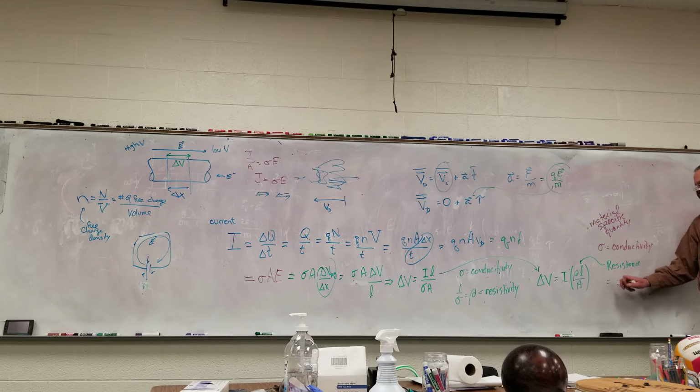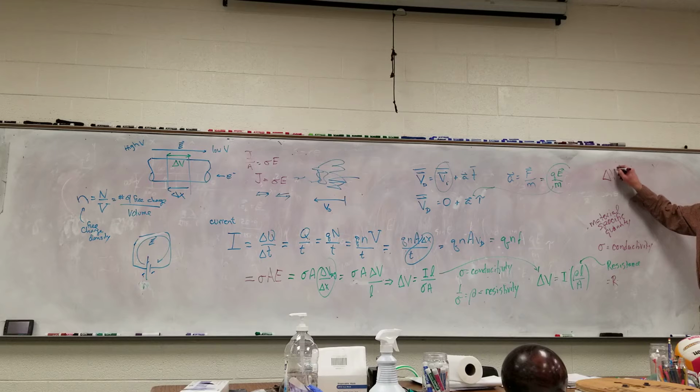Cleverly symbolized by the letter capital R. And so now our formula becomes delta V is equal to IR.